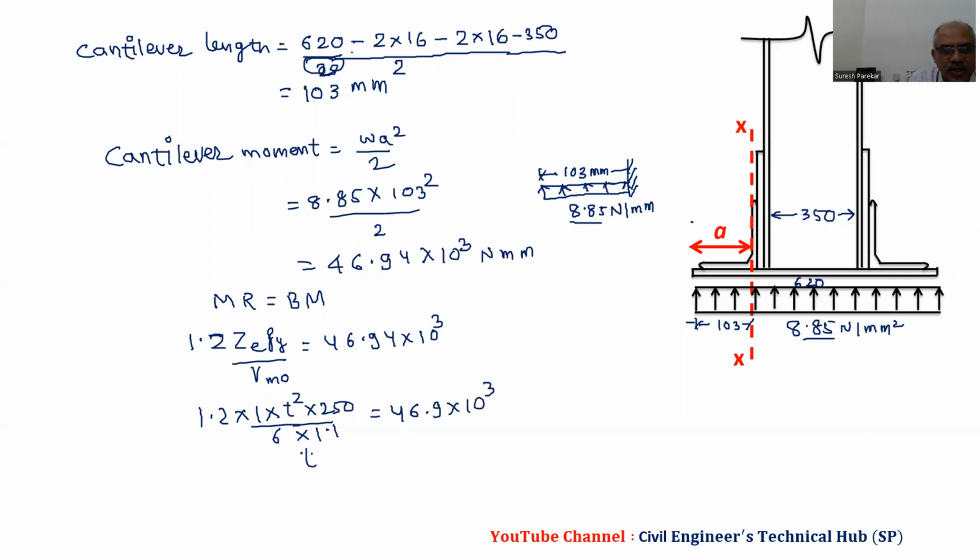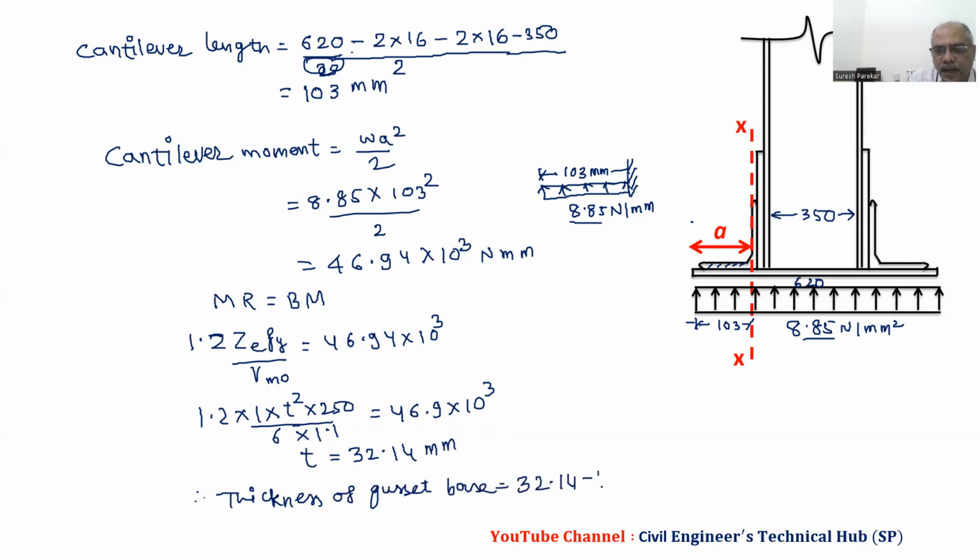From this we will get T equal to 32.14 millimeter. Out of this, we have 16 millimeters, and therefore thickness of gusset base equal to 32.14 minus 16, that is 16.14 millimeters.